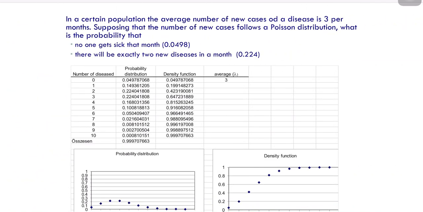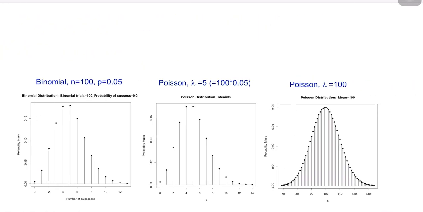In the same way with RStudio, I can show you the Poisson distribution. For example, k is around 10, and if you see the density function curve, it is the same as the last method. Again, in the Poisson method, if we have n is 100 and p is 0.05, and we increase n, it will be more accurate, and the mean can also be increased.